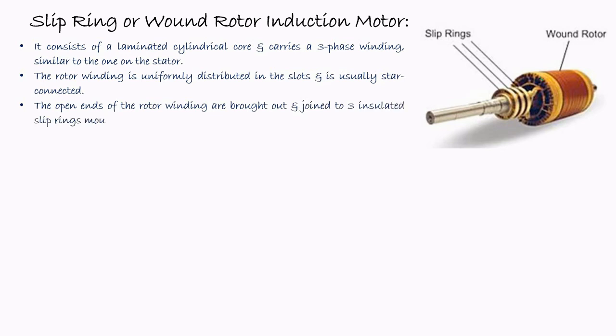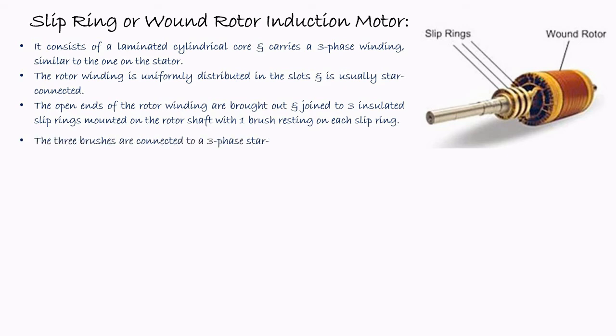Here the other side of the three-phase star connected system, that is the open ends of the rotor winding, are joined to three insulated slip rings, which are mounted on the rotor shaft with the brushes resting on each of the slip rings. And these three brushes are further connected to the three-phase star-connected rheostat.